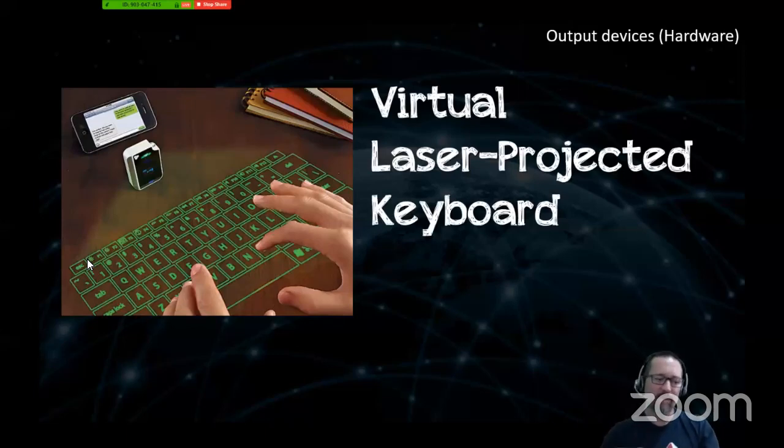As you block the beam from the laser, for example if you're going to type your name, every time your finger goes where the letter is on that virtual keyboard, you cut the beam, and that is registered by the device, which then knows which letter you are typing. So that's a virtual laser projected keyboard, something very cool. The keyboard function is input, but the device that's producing it is the output device.